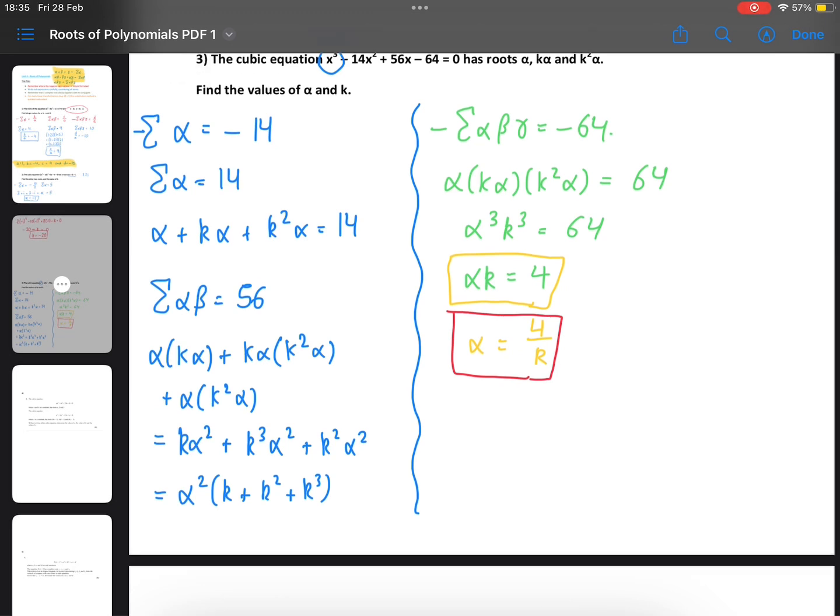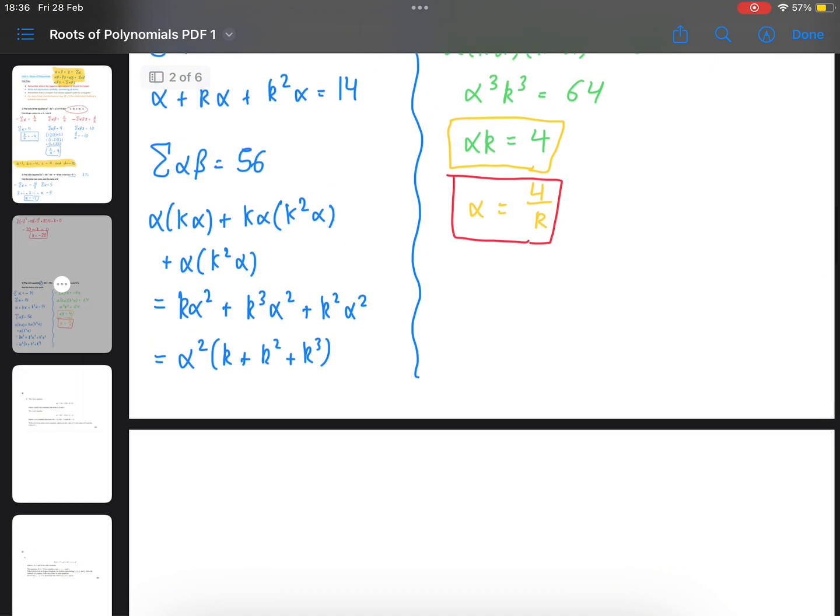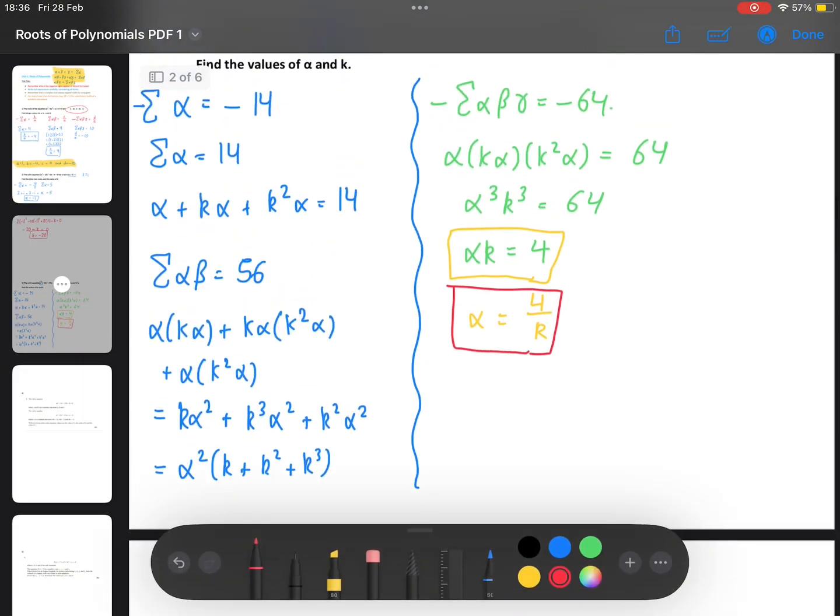So using alpha equals 4 over k, we can then substitute that back into the equation for the sum of roots. So we have 4 over k plus k times 4 over k, which is just going to be 4, and k squared times 4 over k is going to be 4k, equals 14.